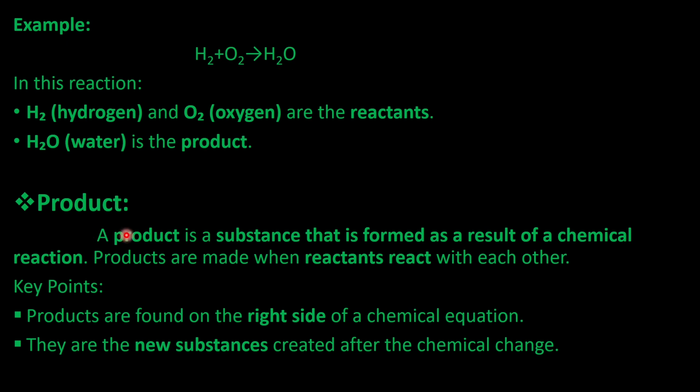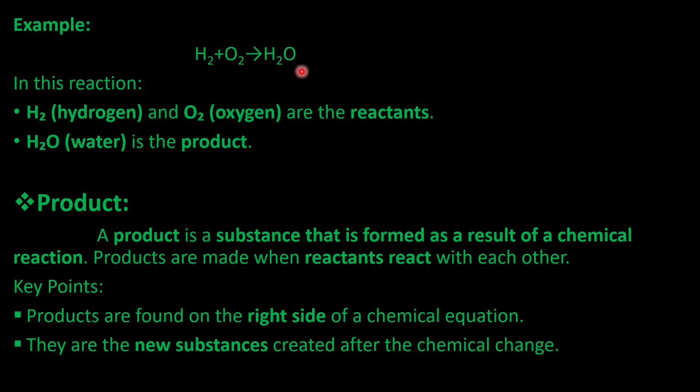Now, what is a product? A product is a substance that is formed as a result of a chemical reaction. So during a chemical reaction, the substance which is formed is called a product. Products are made when reactants react with each other. In key points, products are found on the right side of a chemical equation.